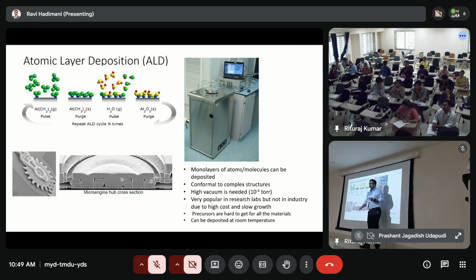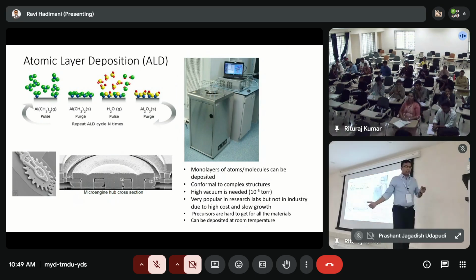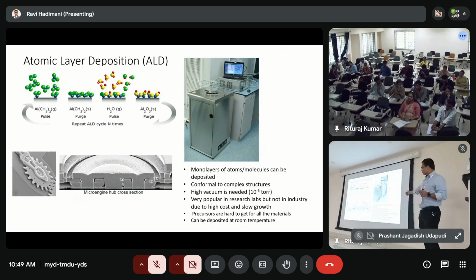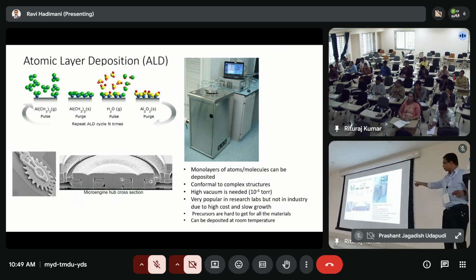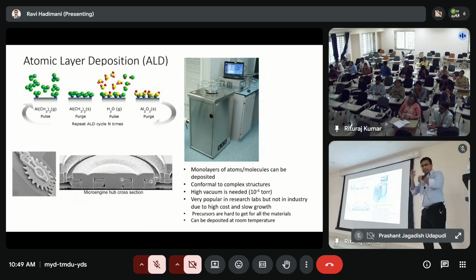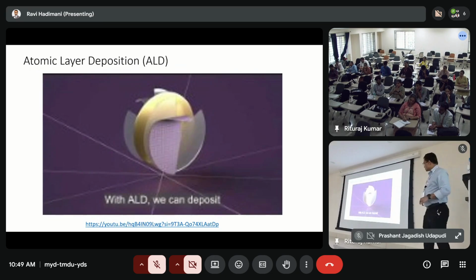It's usually used for high dielectric constant materials. But also because it's chemical vapor deposition, it's conformal, meaning it can deposit on any smaller surfaces.